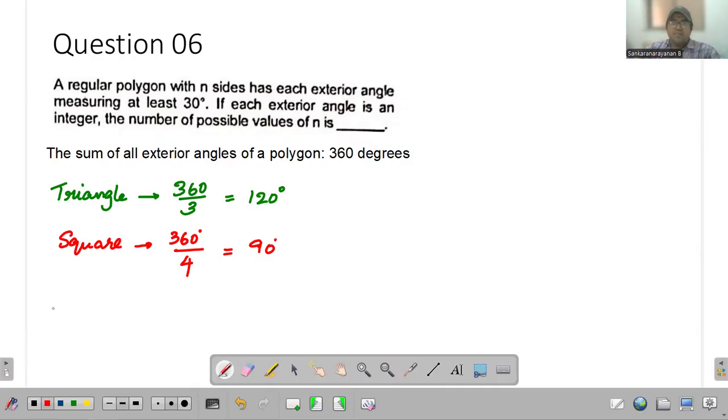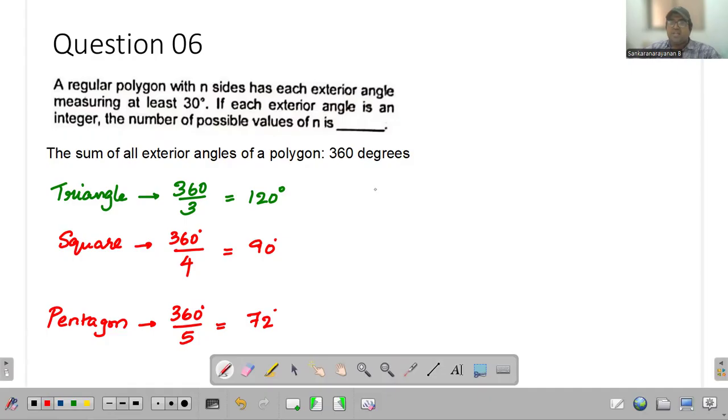Okay, let us consider a pentagon. For a regular pentagon, the measure of an exterior angle will be 360 degrees divided by 5, which corresponds to 72 degrees. Got it?